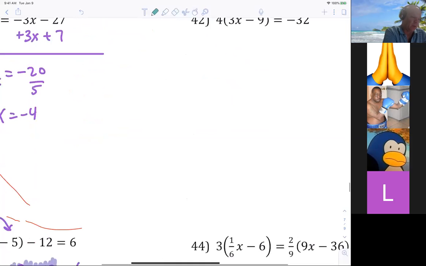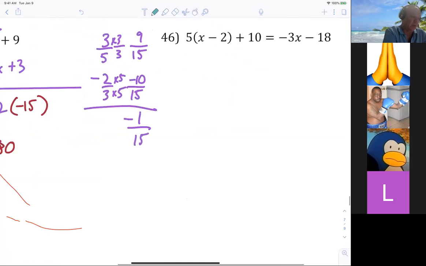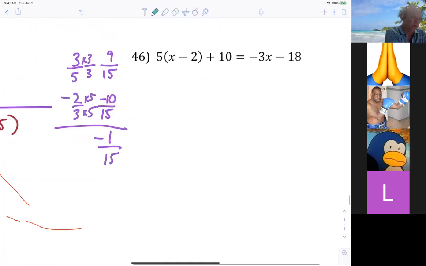So if I were to say something like this, you're going to distribute first. Do you agree? So you'd have 10, or no, you'd have 3x. Wait a minute. What's 5 times x? 5x. And then 5 times -2. What's that?